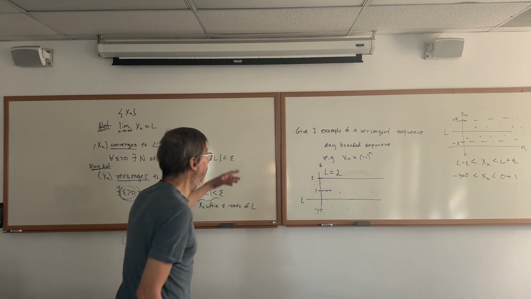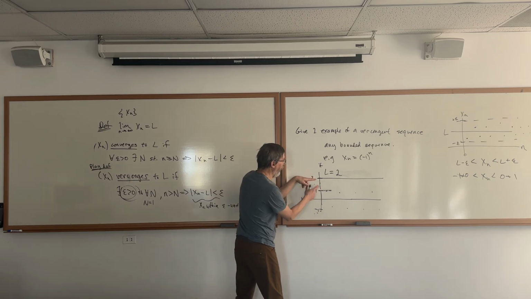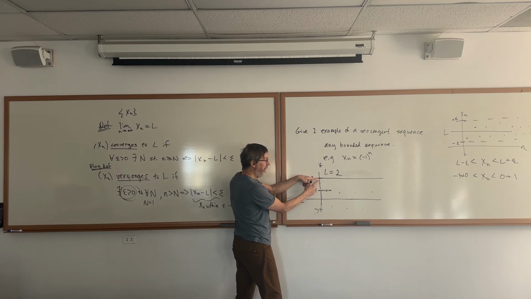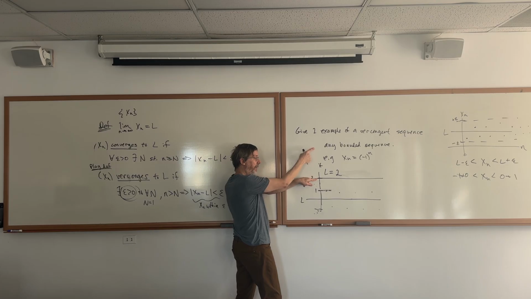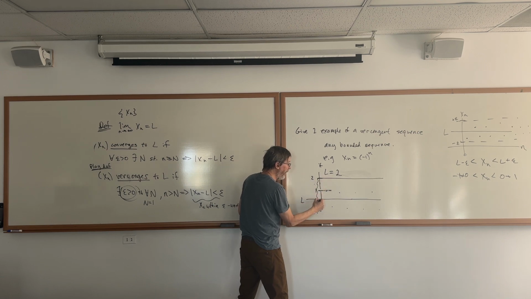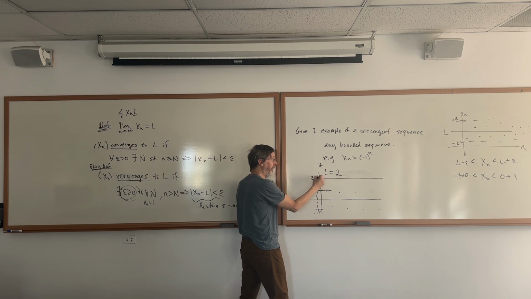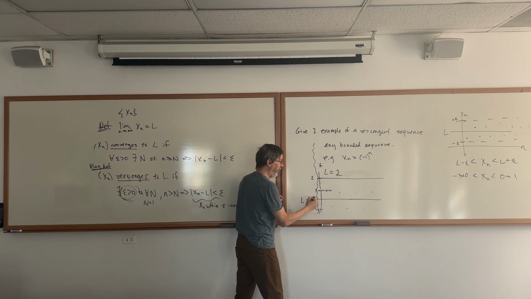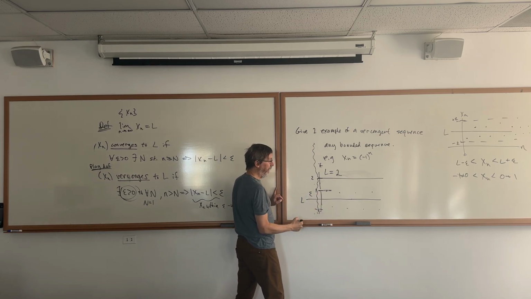How wide a strip, what's the radius of a strip around 2 to make sure the whole sequence falls in there? What do you think, Camila? How far down do I need to go to ensure that the sequence is in there, and then of course up the same way? What is that epsilon I need to use?